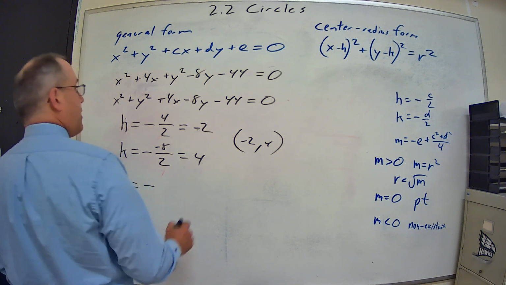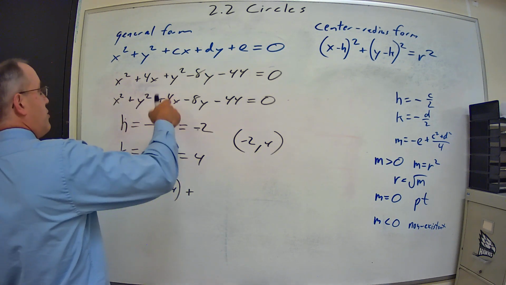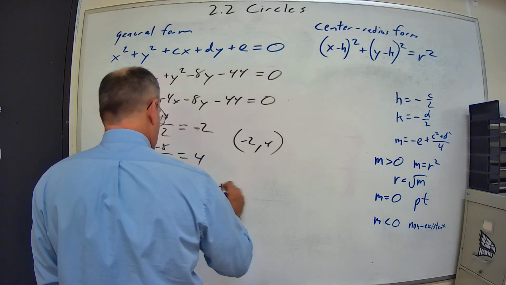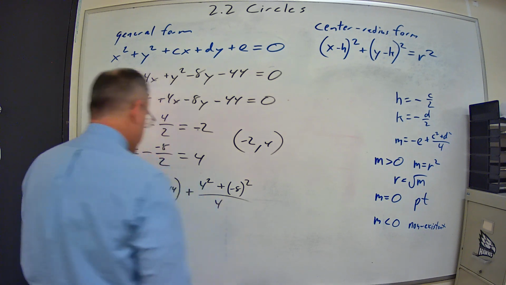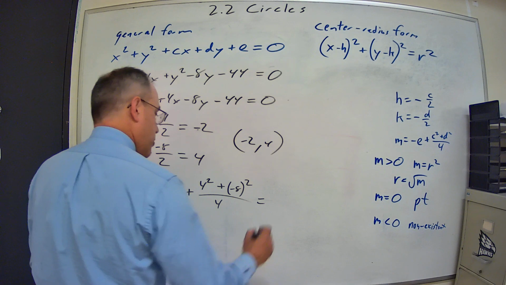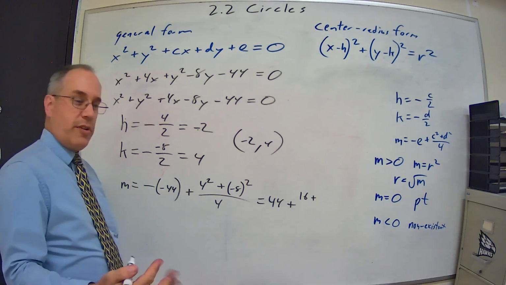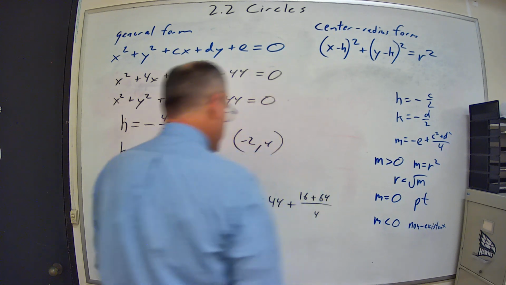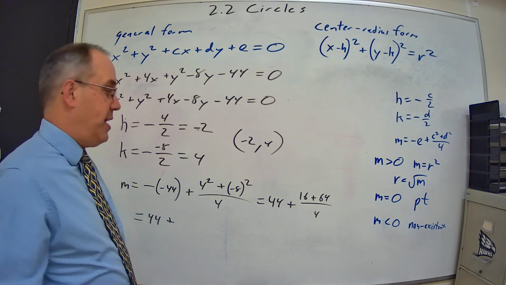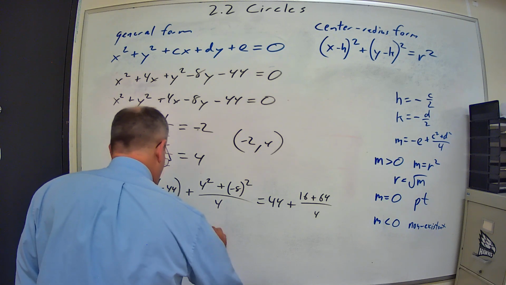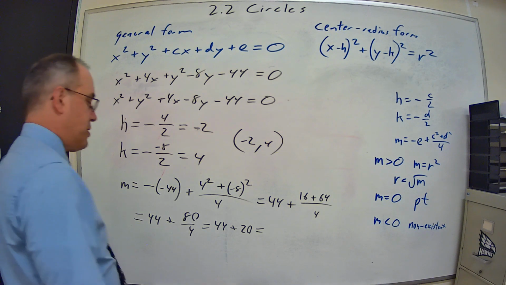So m is equal to negative e, e was negative 44, so 44, plus c squared, c was 4, so 4 squared, plus d squared, which is negative 8 squared, over 4, which is equal to 44 plus 16, plus 64 over 4. 16 plus 64 is 80, 80 over 4 is 20. 44 plus 20 is 64.